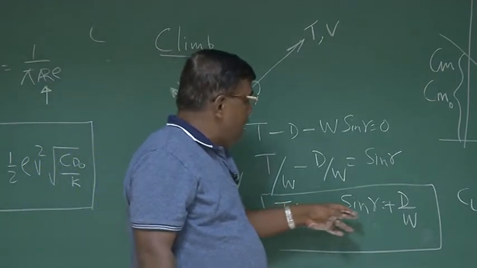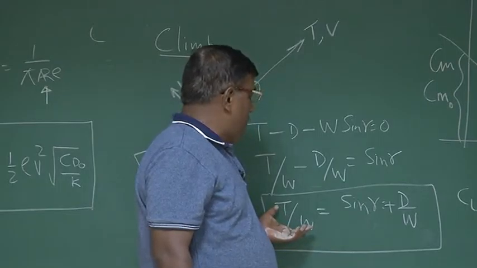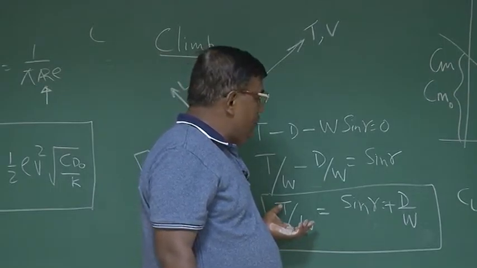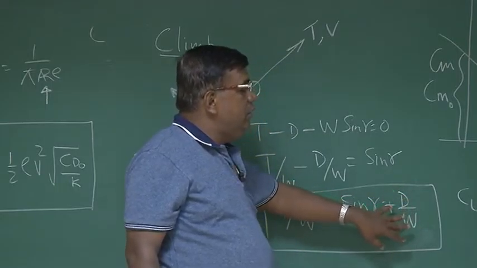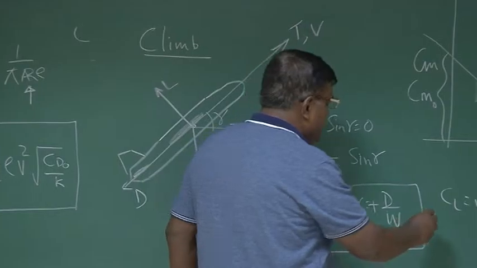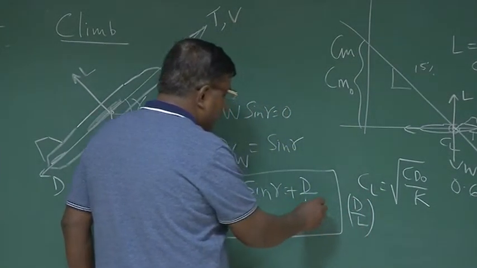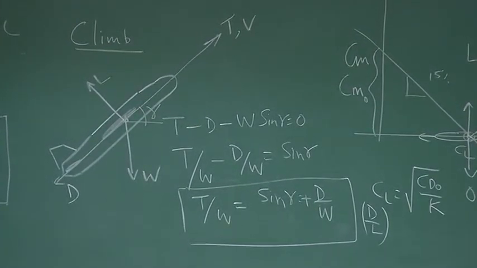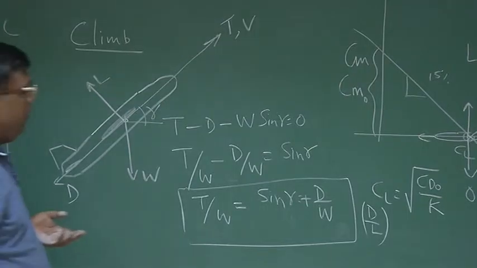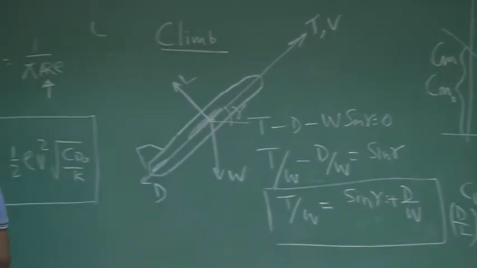If I want to climb at a particular angle gamma, I can get an initial estimate of T by W by just taking the sine of that value, because D by W I can approximate as D by L. Although during climb W is not equal to L, W cos gamma equal to L, for gamma small I can replace W by L.